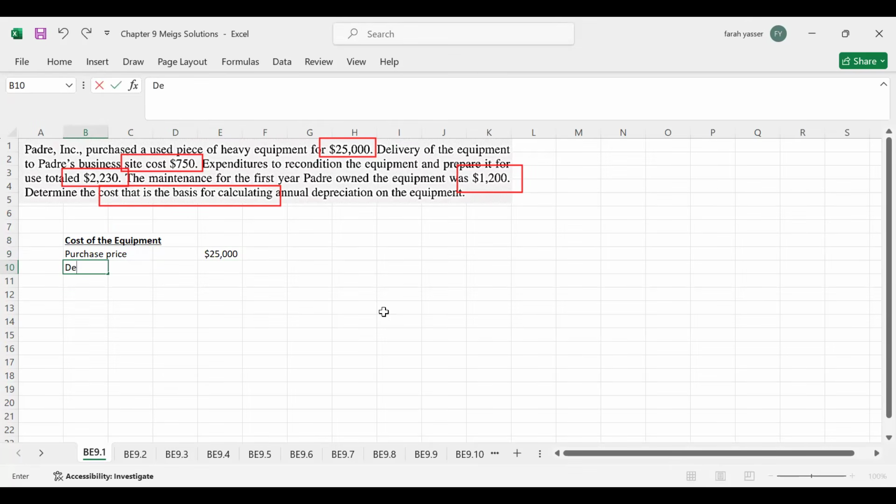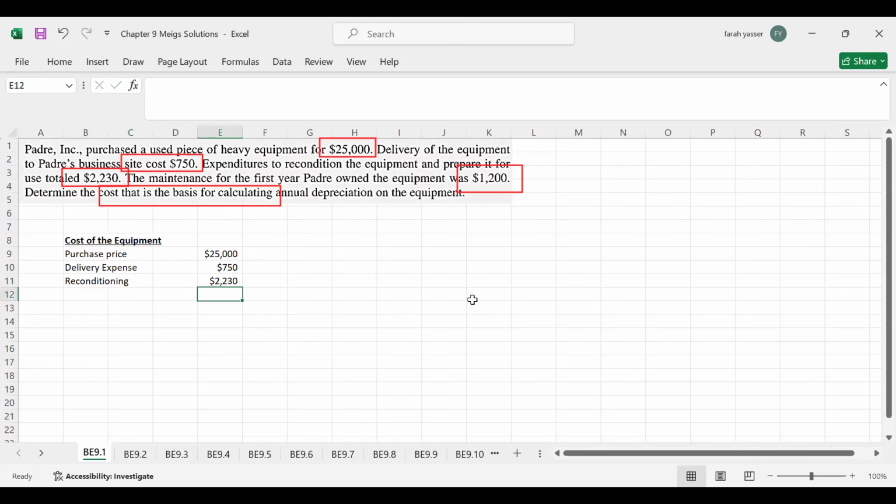So here we have delivery expense or charges, which are $750. Then we have expenditure on reconditioning. So in simple words, reconditioning expense is 2,230.